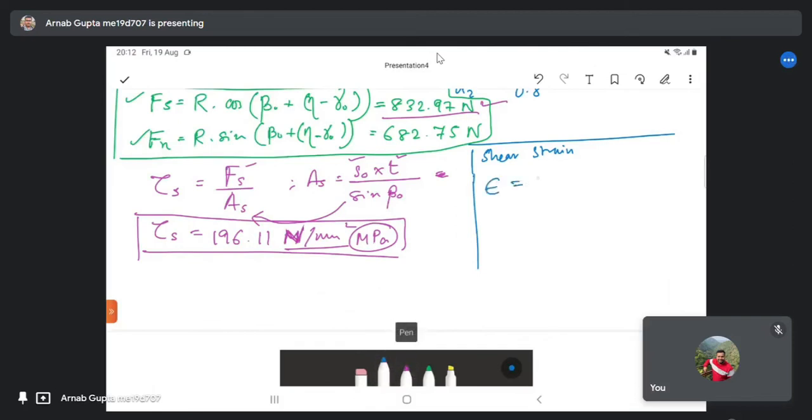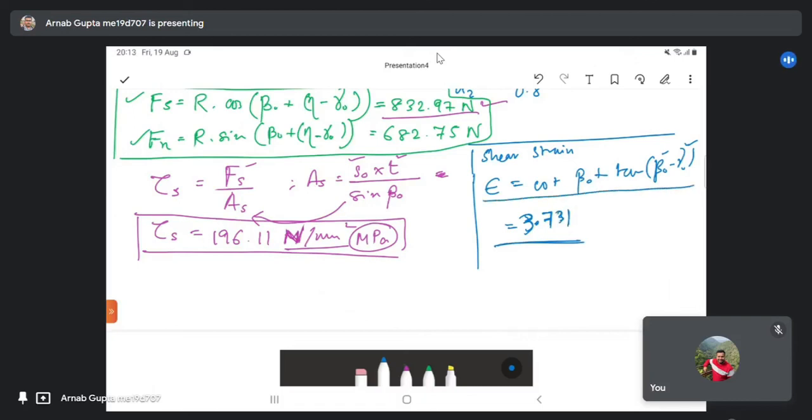Epsilon is equal to cot beta naught plus tan of beta naught minus gamma naught. We have calculated beta naught, and gamma naught is given in the question. You substitute and you will get around 3.731 as the shear strain. How this particular expression comes, I already discussed in the last class towards the end.